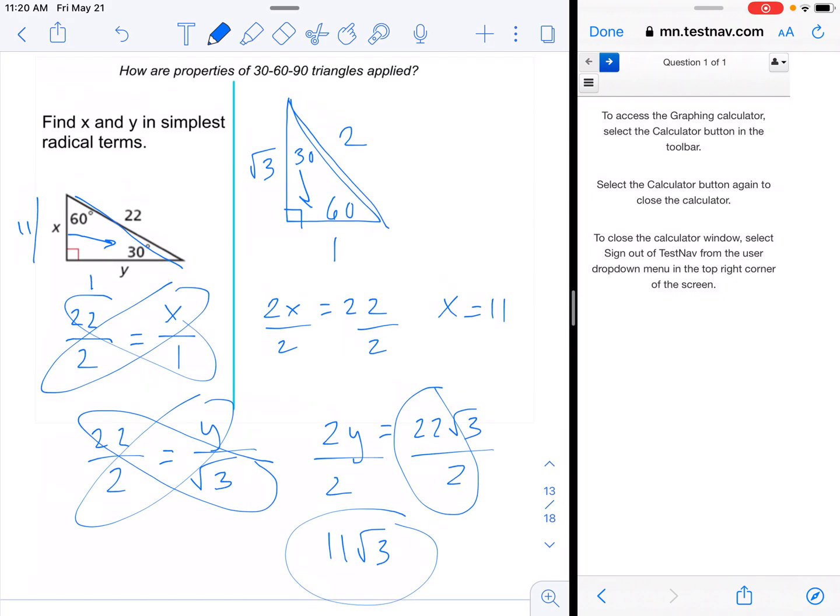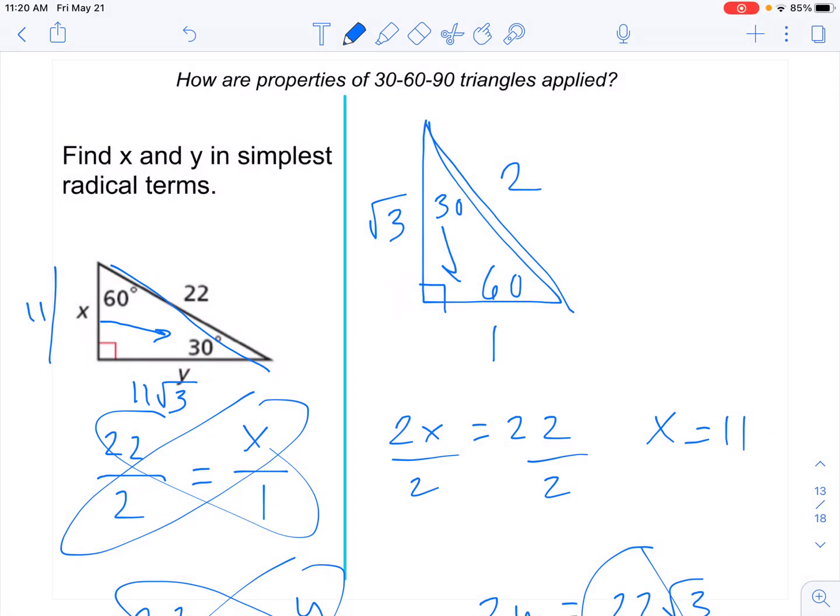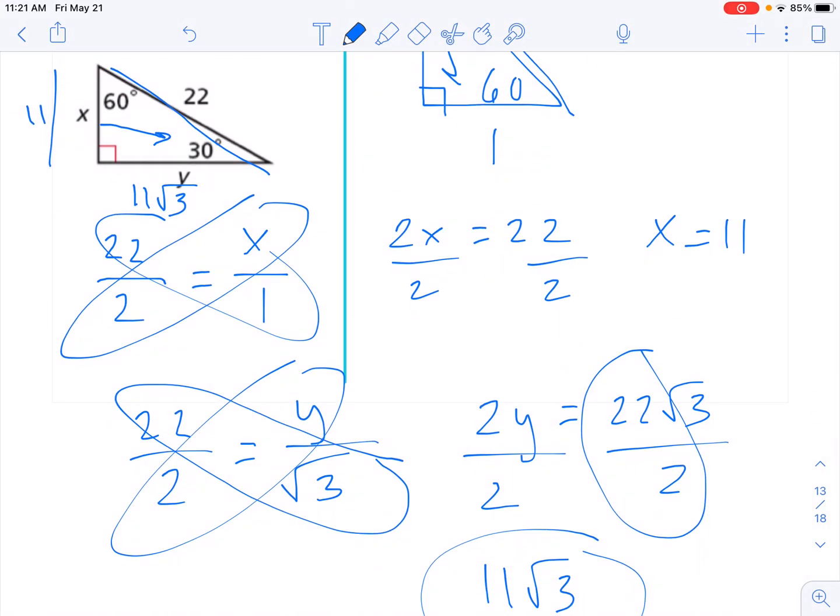And what you'll notice is every time the longer side is just the short side times the square root of 3. So the short side was 11. We multiply it by the square root of 3, and we get 11 square root 3.